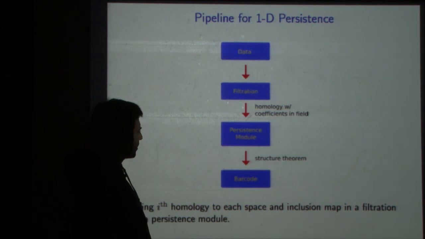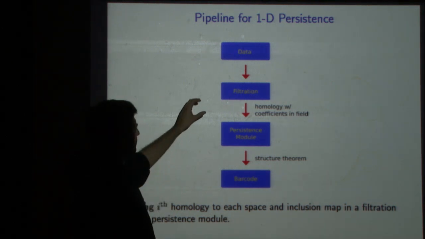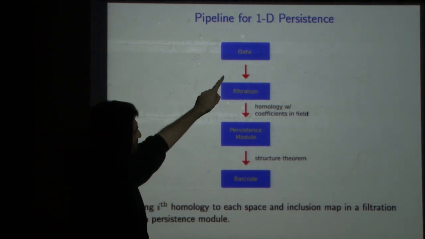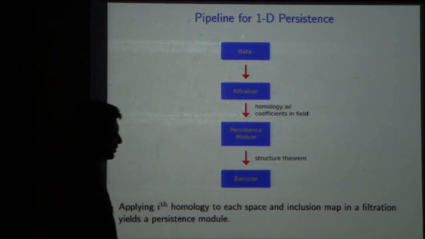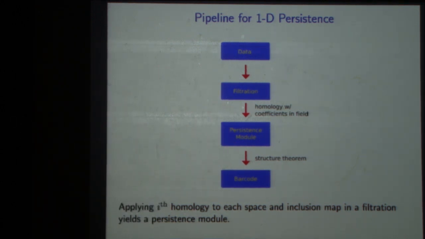So applying homology with coefficients in the field to each topological space, and each inclusion map in the filtration, rather, gives me a persistence module, this diagram of vector spaces. And that's how we pass to the algebraic world.